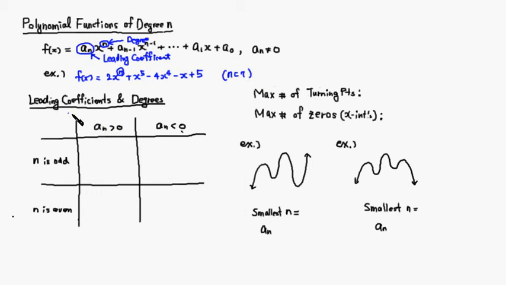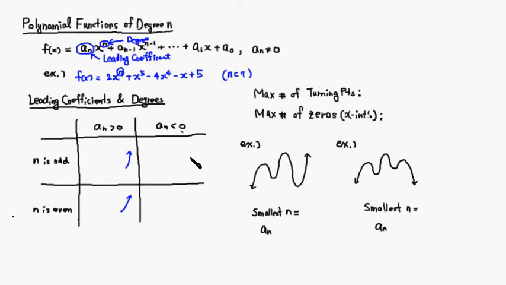Leading coefficients and degrees are useful when trying to figure out what the ballpark graph is going to look like. For example, let's say you have a positive leading coefficient, so a_n is positive. This tells you that the right end of the graph is going to point up. The right end always points up if the leading coefficient is positive.